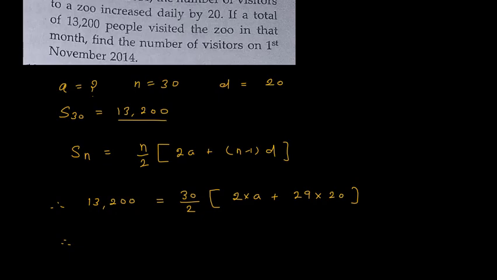So this is now, this 0 and this 0 we will cancel. This 2 we multiply here. It is 132 multiplied by 2 divided by 3 is equal to 2a plus 2 9s are 18, 29 into 20, so it is 580.